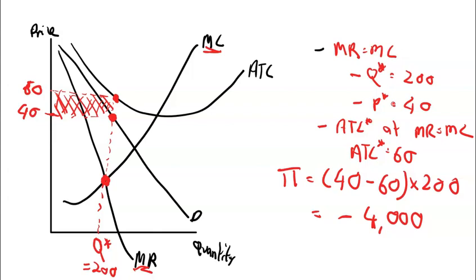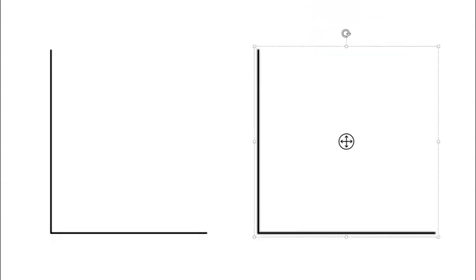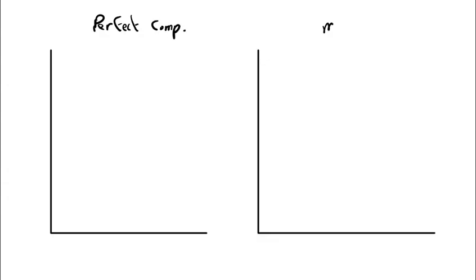The difference between perfectly competitive firms and the monopolist: in perfectly competitive markets, the marginal revenue was a flat line. So let's draw those two curves here. Let's say this side is perfect competition and this is monopoly, price and quantity.